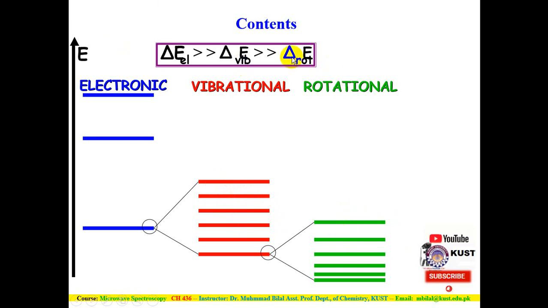So the vibrational energy levels are present in the ground state of the electronic level, and the rotational energy levels are present within the lowest vibrational energy level.